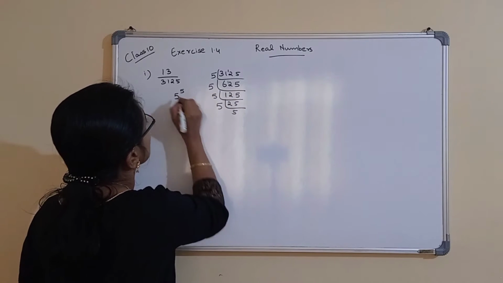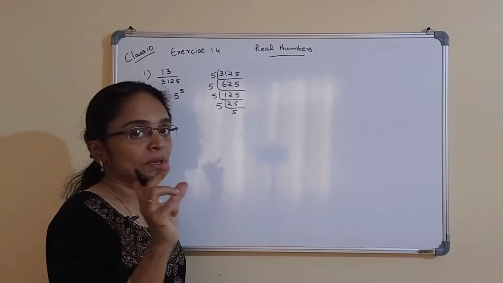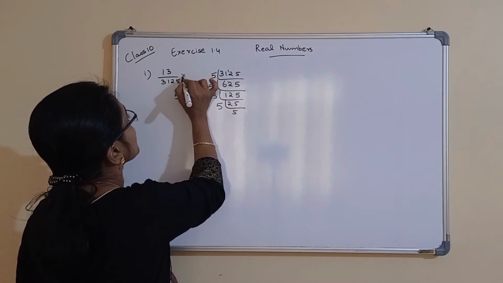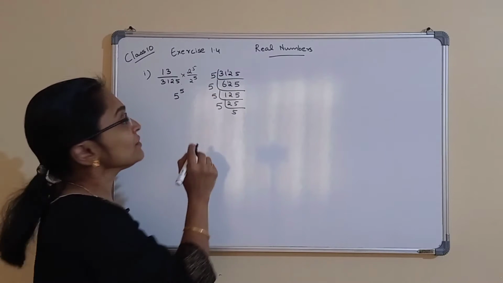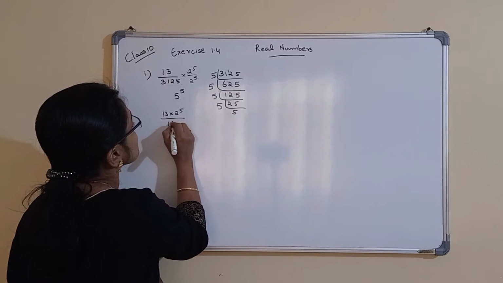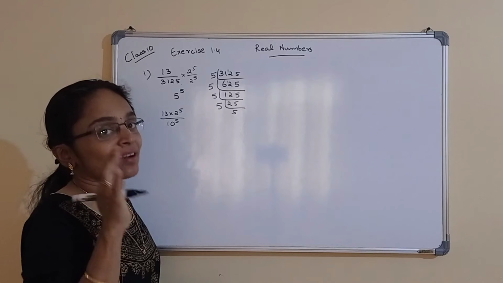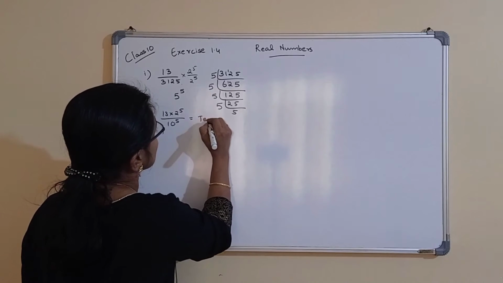So this is equal to 5 raised to 5. Since there is 5 raised to 5 in the denominator, we can multiply the numerator and denominator by 2 raised to 5, which gives 13 into 2 raised to 5 by 10 raised to 5. So this is a terminating decimal, right?